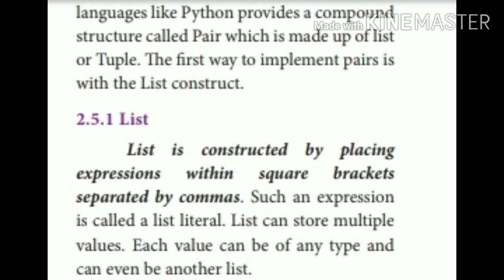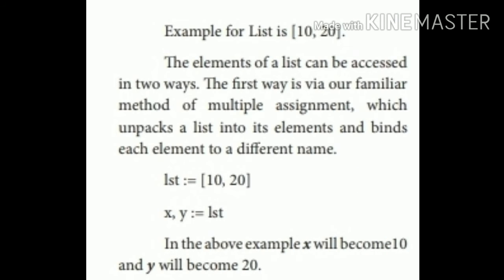What do you mean by list? It is constructed by placing expressions within square brackets, separating the values using the comma operator. For example, here we see within square brackets 10 comma 20. We declare a couple of numbers, separate these numbers using the comma operator and put them within square brackets. This is the declaration of list.